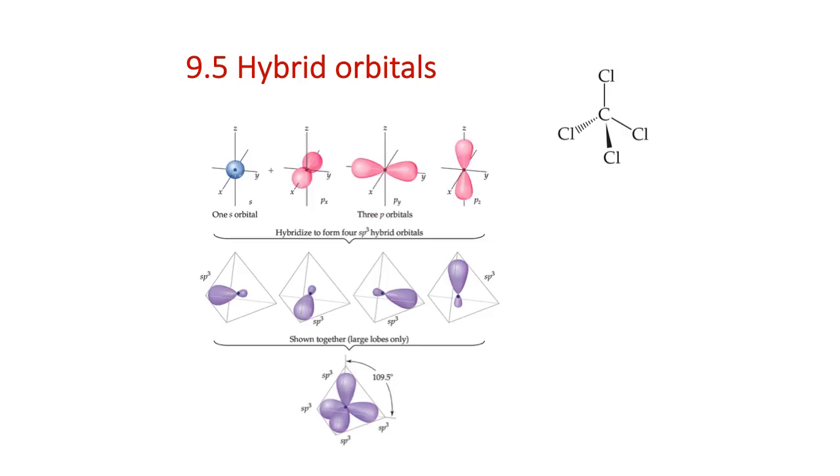And so lastly, we have the hybrid orbital set to make the bonds in something like CCl4. Again, we don't have any atomic orbitals on carbon naturally at 109.5-degree bond angles. So why don't we take all four of the available orbitals? We have the 2s, the 2px, the 2py, and the 2pz orbitals available for carbon.